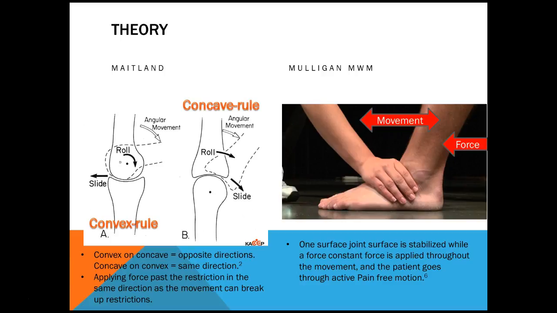The concave rule is a little bit different. This is saying that the concave surface is moving on a convex surface, and there's also a rolling and a sliding over the surface.